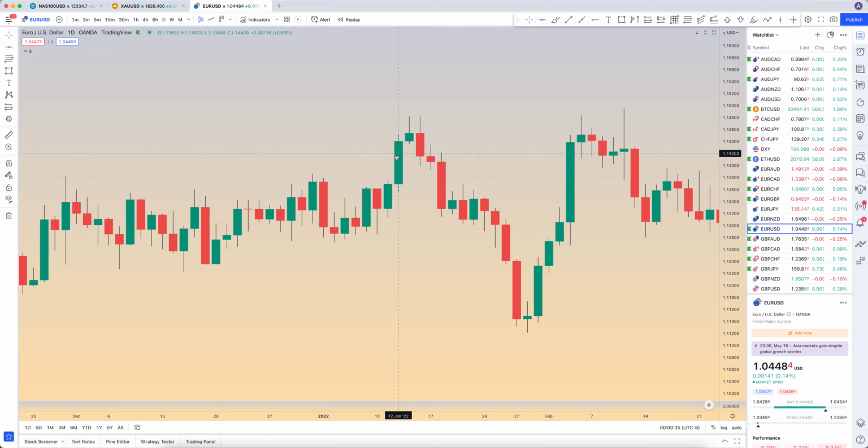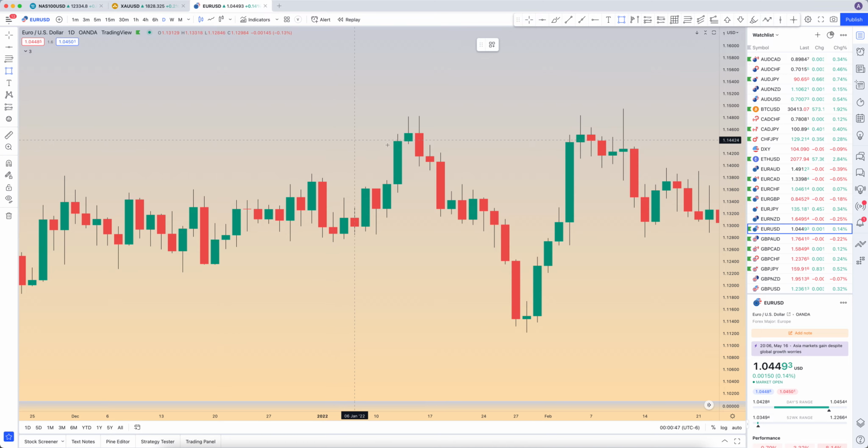The way that I have it set up is anything that's going up is a green candle, and anything that's going down is a red candle. The most important thing to understand is the top and bottom of the candle body, so that's the part that's colored in, and the top and bottom of the wick, which is the very thin stick sticking out of the top and bottom of the candles.